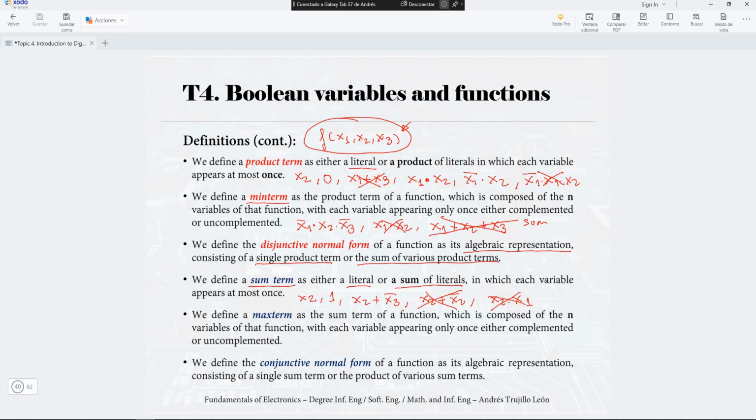We are going to define a max term as a specific sum term in which all the variables appear at most once. You can see that this is the dual definition of the min term, but using the sum. So, for example, is this a max term?